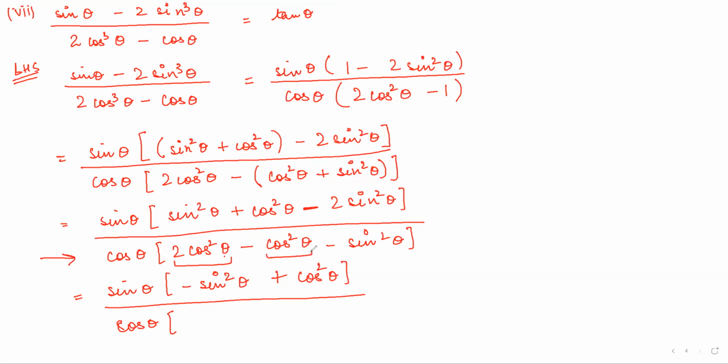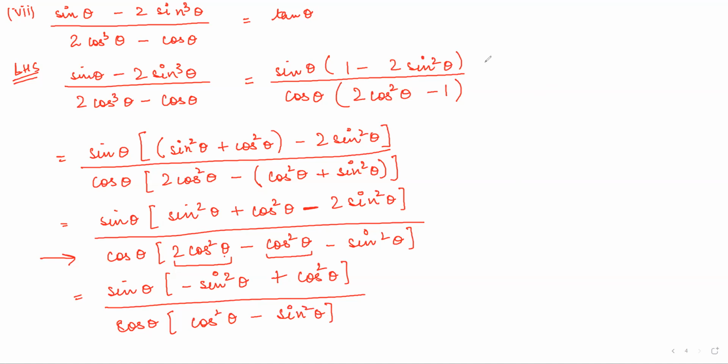Only one cos square theta will remain, right? 2 minus 1. So I have cos square theta and then minus of sine square theta.